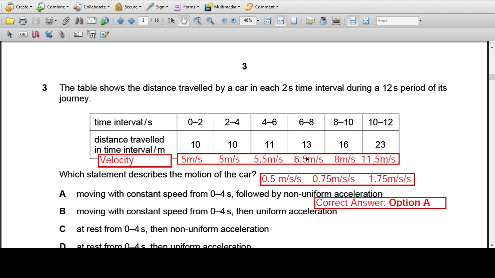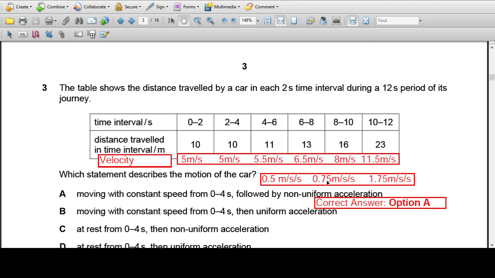Here we can see that the acceleration is 0 because the speed is constant. From here to here the speed is increased by 0.25, but from here to here the increase in speed, or acceleration, is 0.5 meters per second squared, and from 8 to 10, this is the acceleration, 0.75 meters per second squared, because the speed difference is 1.5 meters per second divided by 2 seconds.